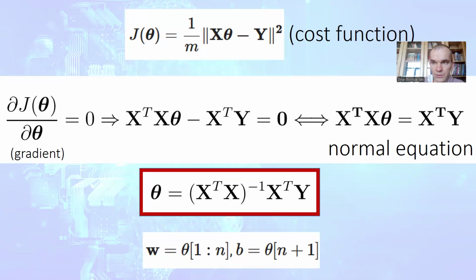Maybe we'll talk also about it in the future. So this is the idea of the normal equation: using a trick of augmenting our feature vector and also vector w by b, we come to this normal equation and find its solution. We get an n plus 1 dimensional vector and extract weights as the first n coordinates and the bias as the last coordinate of this vector theta.